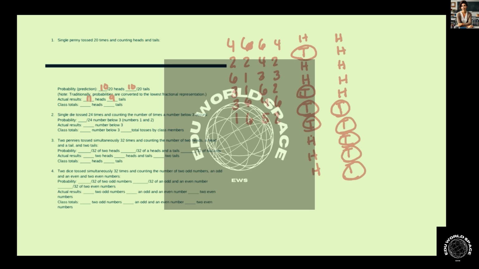All right, so first of all, the actual probability of this happening. The probability of rolling it 24 times and it's below 3, that's numbers 1 and 2.